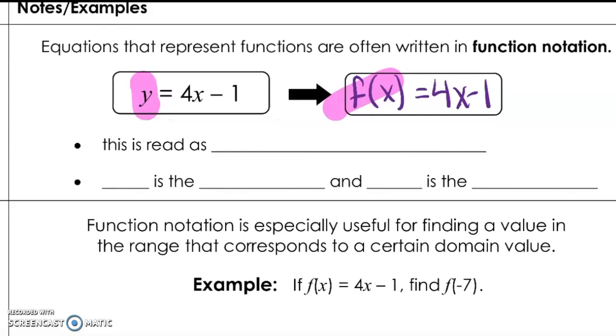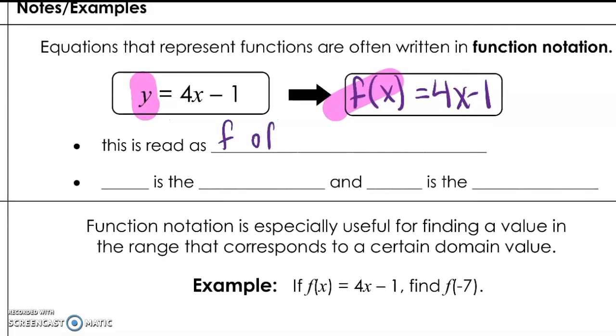So we read this as f of x equals, and then ours is 4x minus 1, but it will be whatever the function is. So instead of saying y equals, we say f of x equals. That's the only difference. I know it looks super weird, but the only difference is you are exchanging out the y for f of x.